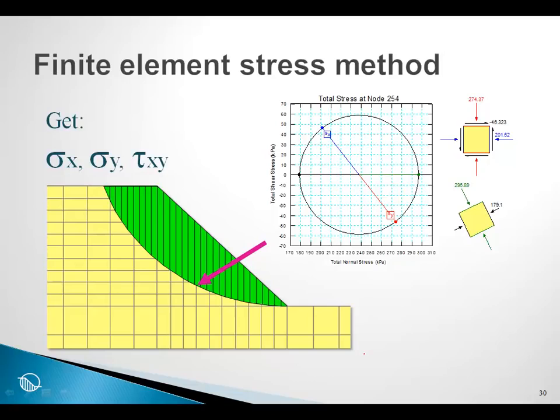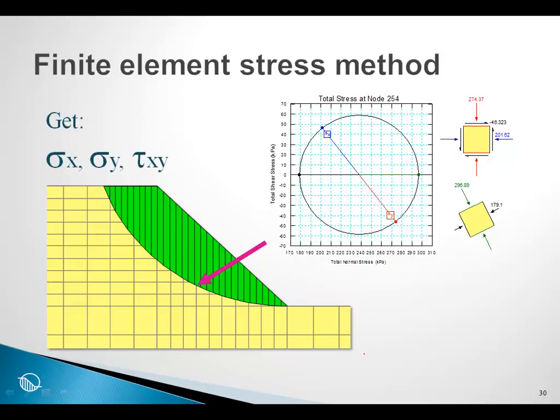I have noted in this session that the limit equilibrium formulation has some limitations, and we have discovered that to overcome some of these limitations, we can rely on finite element computed stresses.